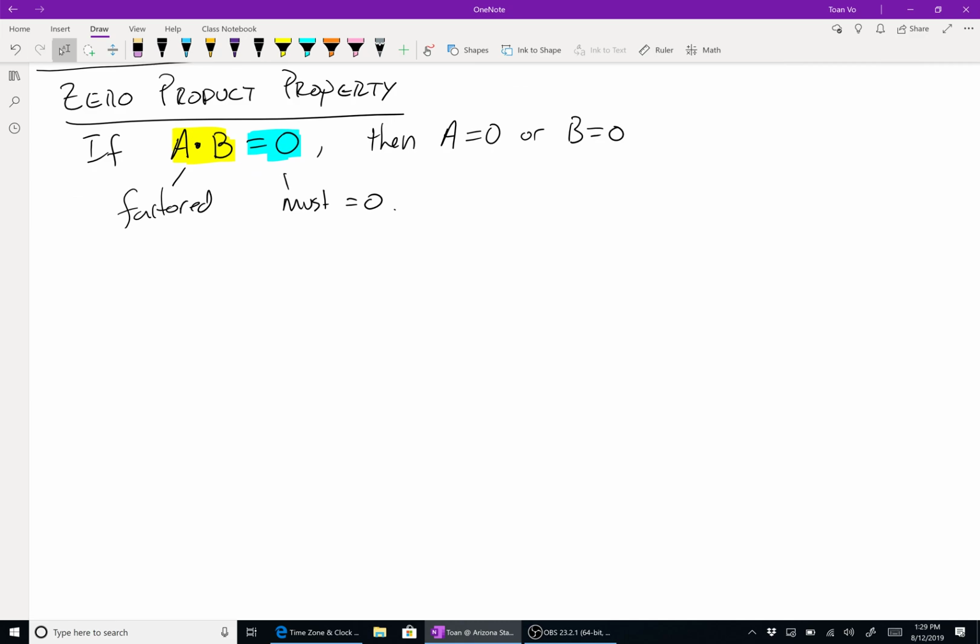So let's take a look at an example here. Suppose I ask you to solve, I don't know, 7 minus 13x equals 3x minus 3.